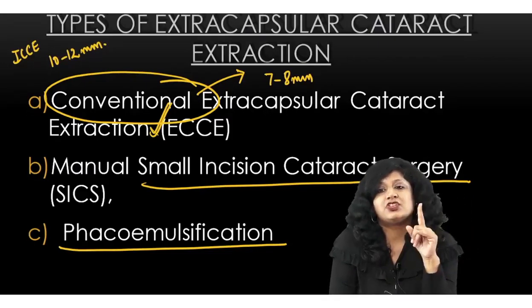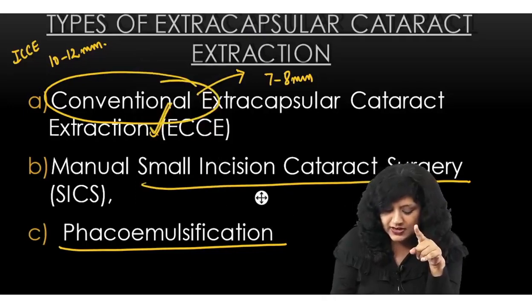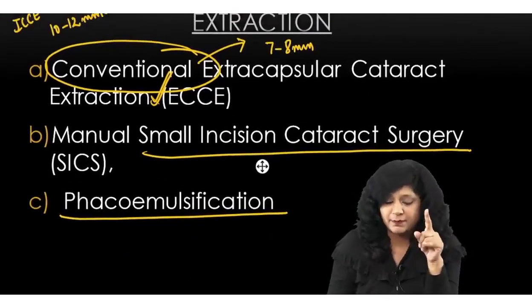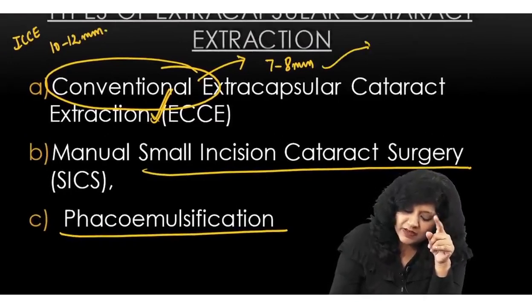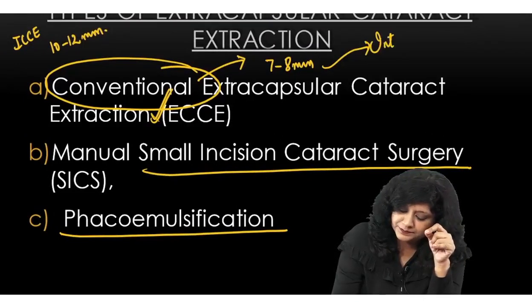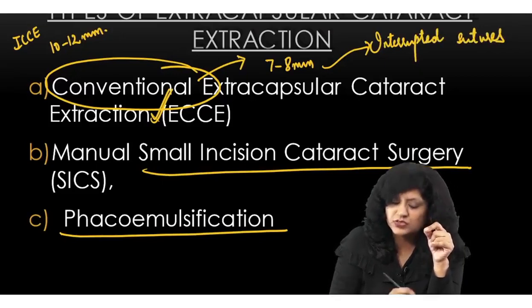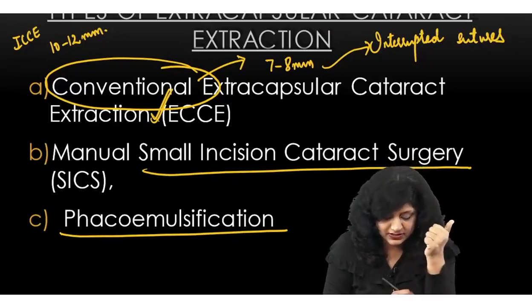Here in the conventional ECCE, we are using an incision smaller than ICCE, 7 to 8 mm, and along with this I am giving interrupted sutures. I will be talking about that in detail.